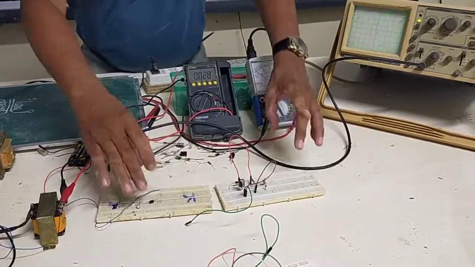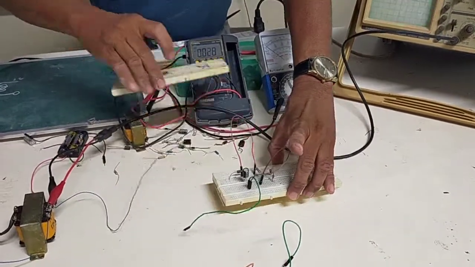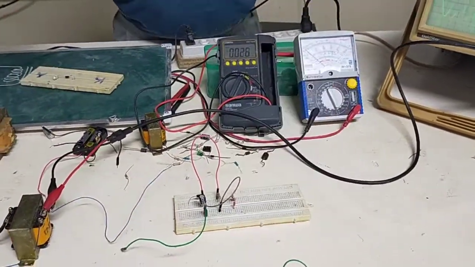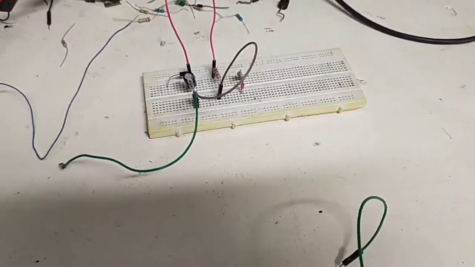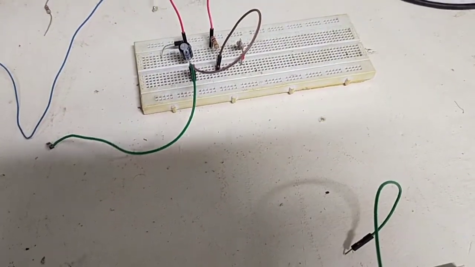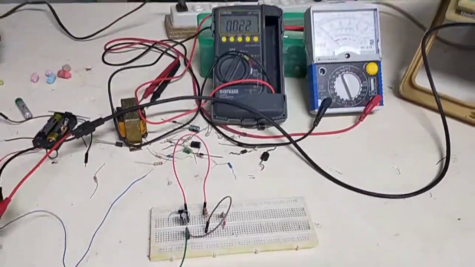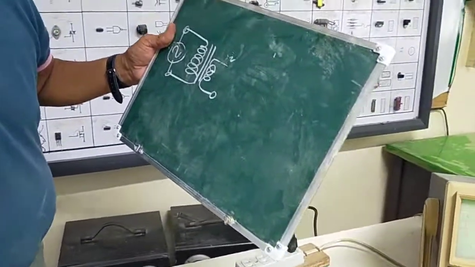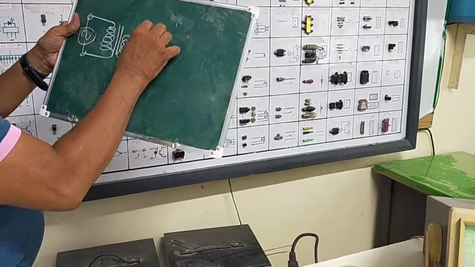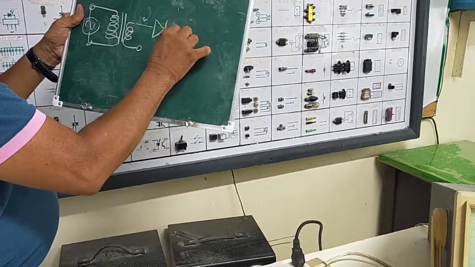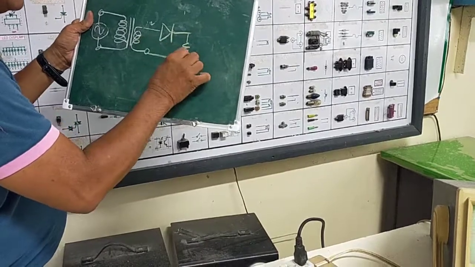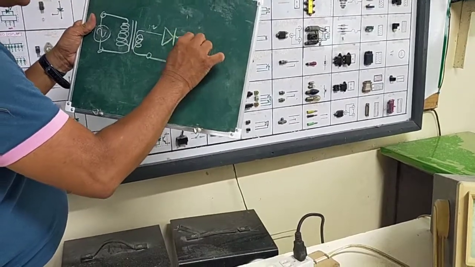So we will first conduct the first basic rectifier circuit, which is the half-wave rectifier circuit. A half-wave rectifier circuit uses one diode, with a resistor that serves as the load resistance.